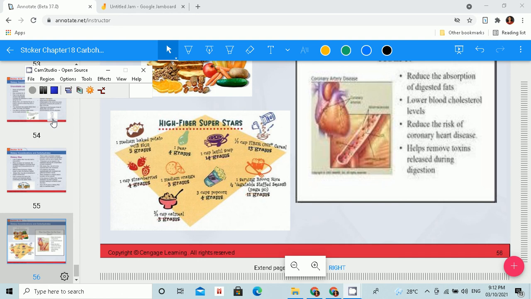So that's why we are very particular to the structure and the linkages of our carbohydrates because this is chemistry, and then little about its biology.